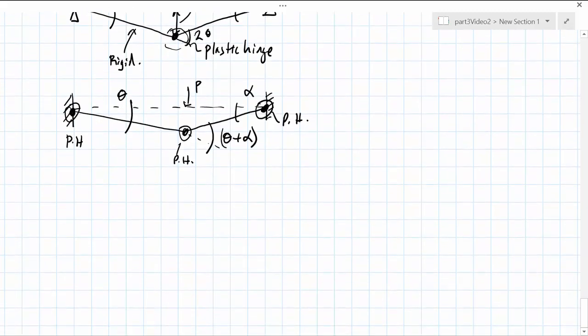In general, plastic hinges form sequentially.